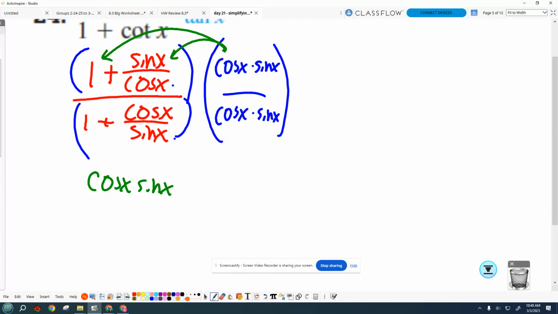This cosine on the bottom, what does it do with this cosine up top? Eliza's saying it does the John Travolta cancel. Do you agree? So I'm left with sine times sine, which is what? Sine squared. And that was a plus, so it's a plus.